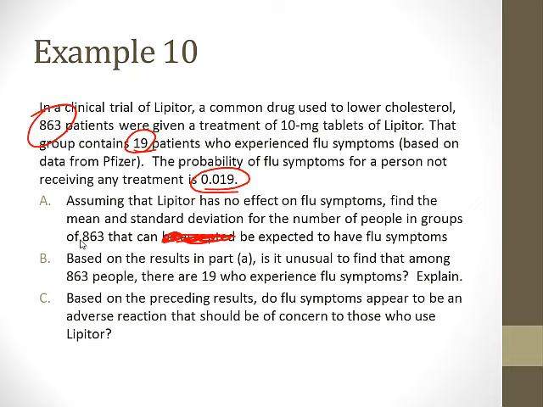So, assuming Lipitor has no effect on flu symptoms, we would expect from 863, and 0.019 of those, to have flu symptoms. We're finding the mean and standard deviation. So there's our probability right there. N is 863, P is 0.019.